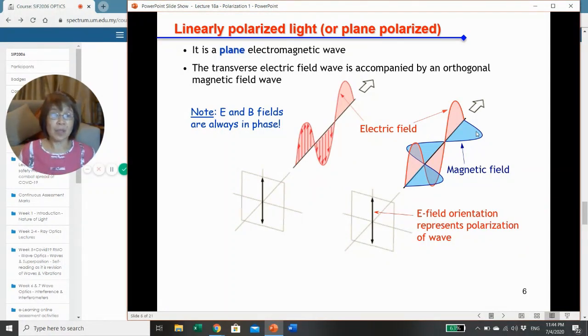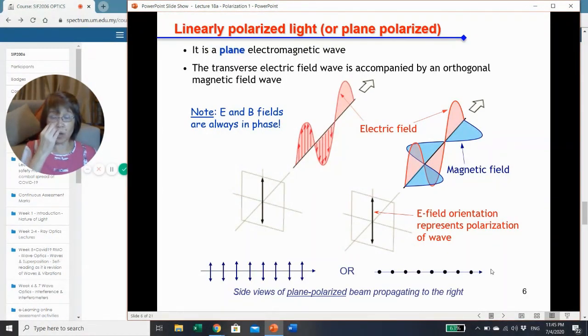And that magnetic field and the E field are actually in phase, but we only need to represent the electric field. It will be enough. So if you look at it end on here at the tail end, you'll see that the electric field is actually oscillating along this line here.